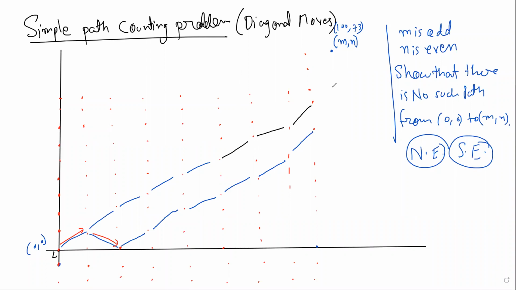The algebraic reason we already gave: if you need x of this kind of moves and y of this kind of moves, then x plus y should be, that we already saw, and x minus y should be 73. But I don't want to use this for now. We want to reason it in a slightly different way, which is by combinatorics.